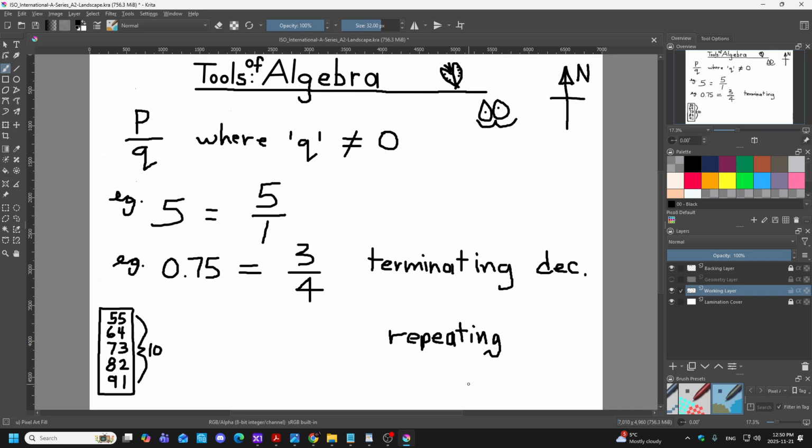I'm hoping one day that I'll be able to do this with a pen for you guys and gals. As an example, 0.33 repeating, in fraction form, can be written as 1/3. So repeating decimals are also rational numbers.